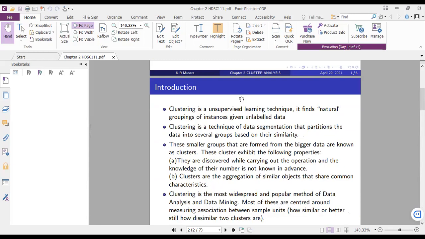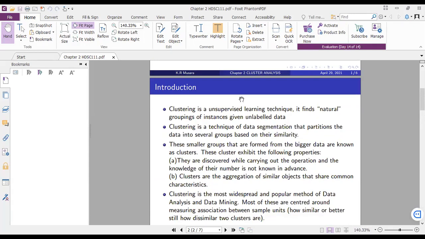So let's look at clustering. I'm sure you still remember we talked about unsupervised learning, the technique that requires only the input, right? So clustering is one of the unsupervised learning techniques in machine learning. Its purpose is to come up with natural groupings of instances given unlabeled data.